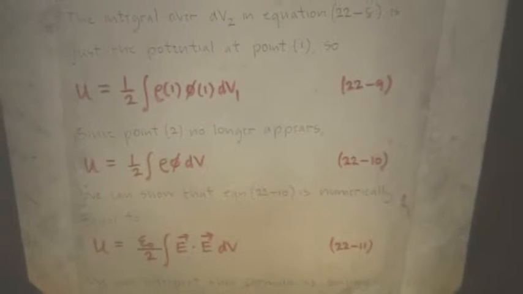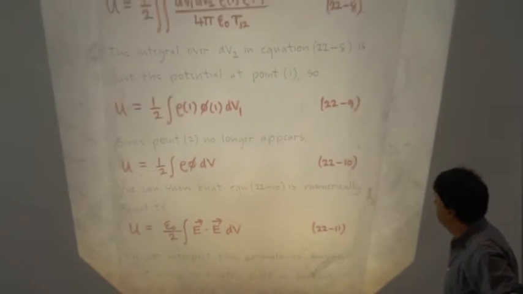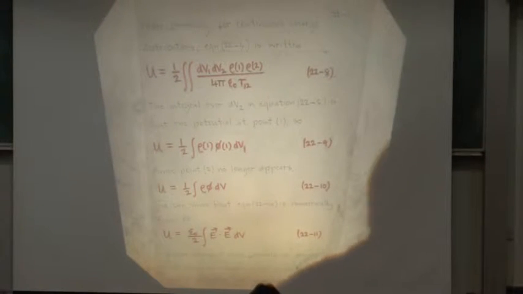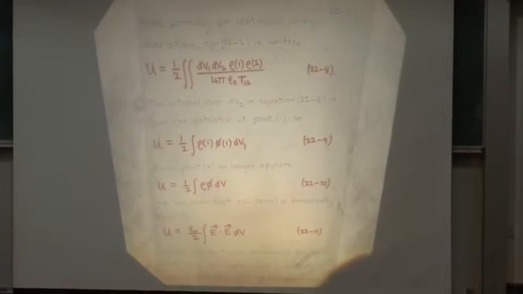So having done that, I now want to introduce the more formal way of handling continuous charge distributions. And it looks ferocious at first: oh my God, a double integral over all space.